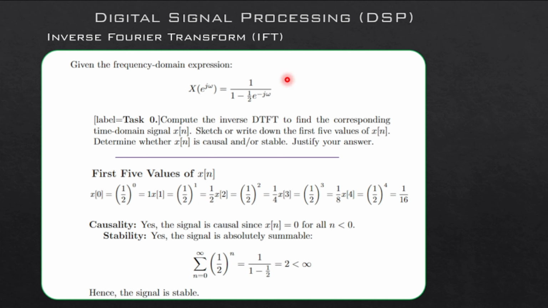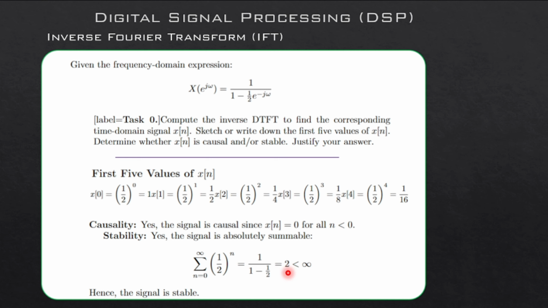Causality. So yes, the signal is causal. Why? Because x[n] is equal to 0 for all n less than 0. So for the causality, yes, the signal is causal, given that for every n less than 0, you have no values for x[n]. As for stability, yes, the signal is absolutely stable. It's absolutely summable. Why? Because this is a geometric sequence that gives us 1 over 1 minus 1/2, which is equal to 2.